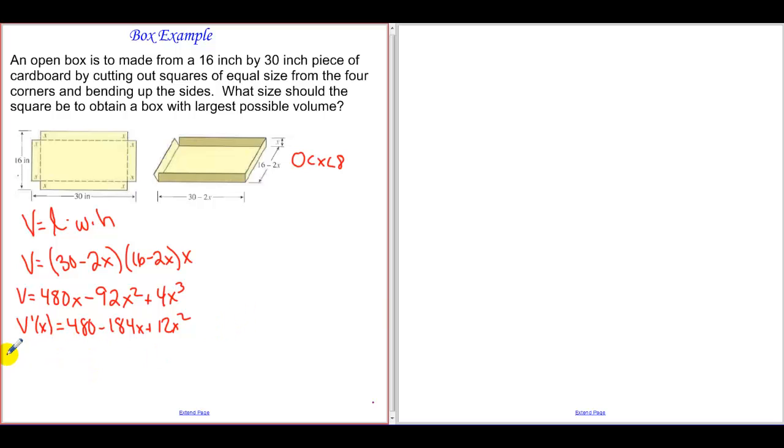Okay, now we set our derivative equal to 0, and I notice that I can factor out a 4.